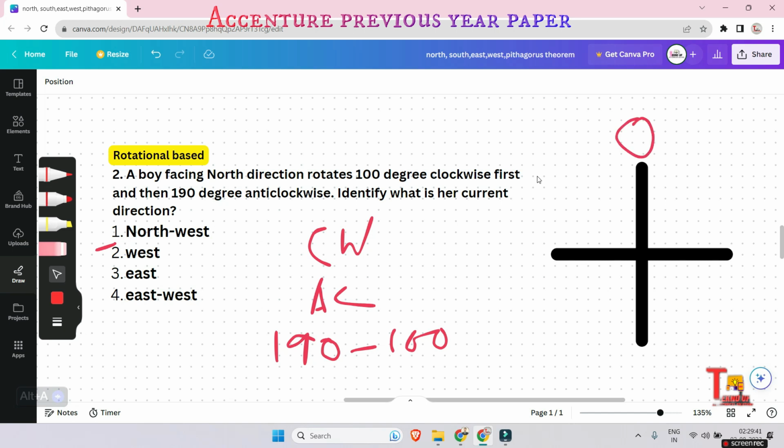So he was here, and only 90 degrees anti-clockwise means this much, and again he is at the west position, so he is now facing west. This is simple. We don't have to go 100 degrees first, then 190 degrees anti-clockwise, which is time taking. Just put in the formula: take whichever is greater and subtract the other, and with this single line you can solve the problem. So let's go to the next problem.